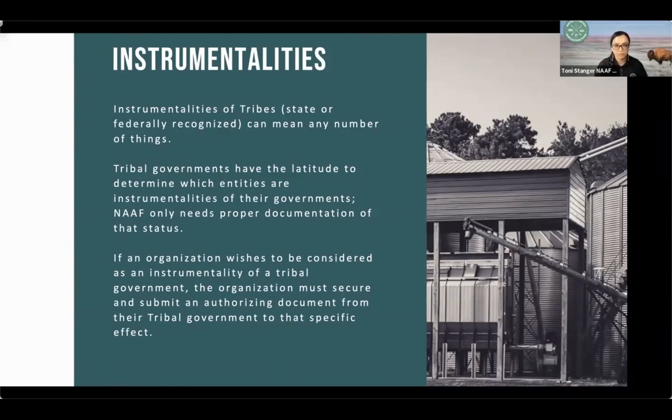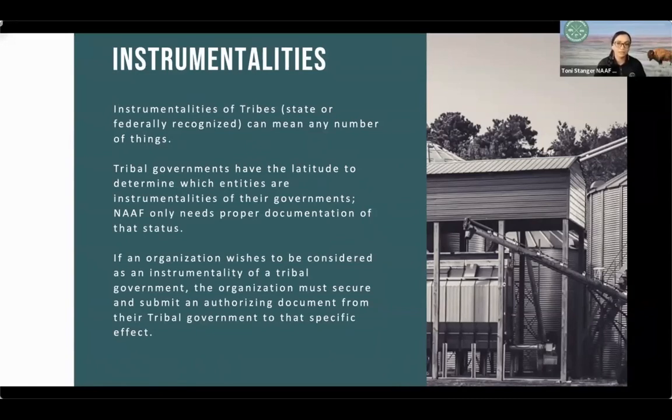Again, I'll use Section 17 as an example. If you are a Section 17, then you need to provide us that information. Sometimes that includes resolutions or charter documentation. The other thing that we must have when we're including instrumentalities is to know that the instrumentality has the authority to apply for our funding on behalf of the tribe.